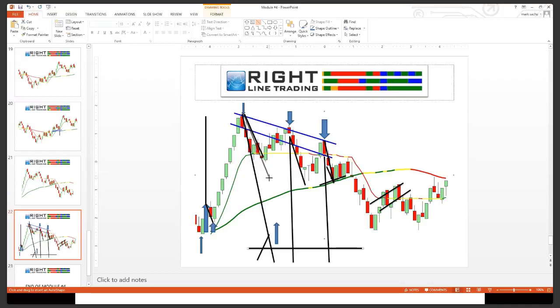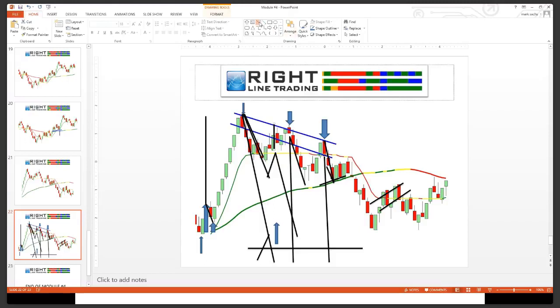It's the break of the modified 15, the retest of the modified 15, and the continuation. It's simply the variation of the break and retest. Those are very high probability, low risk winners right here.